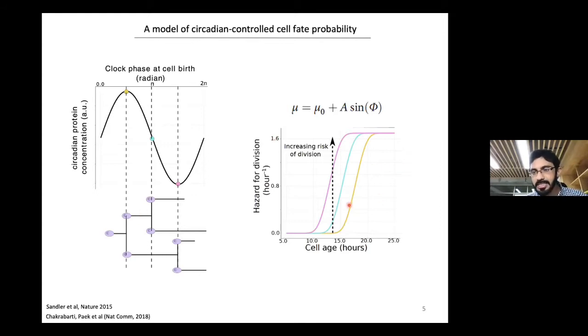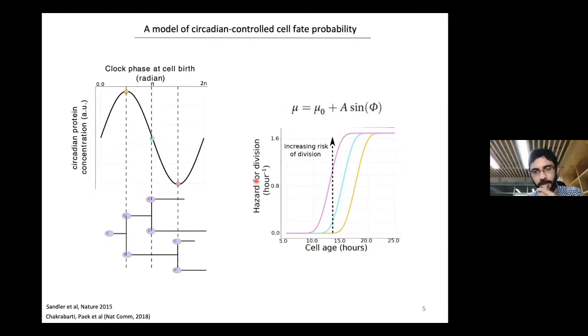Okay, so this is the model in a little bit more quantitative fashion. The way we introduce this model is basically that we are thinking of rates of division. In the survival analysis literature, these are called hazard functions. Think of these as essentially time dependent extensions of your simple rate in a Poisson process, right?